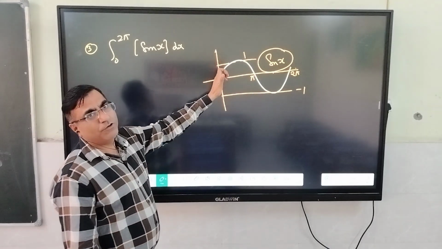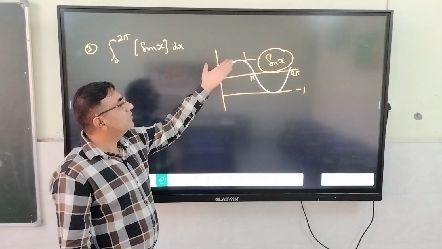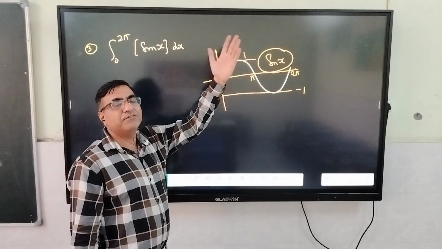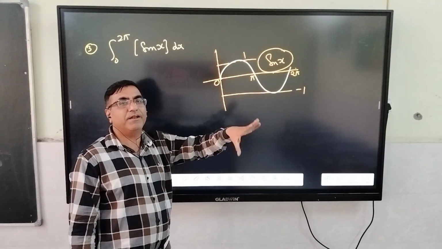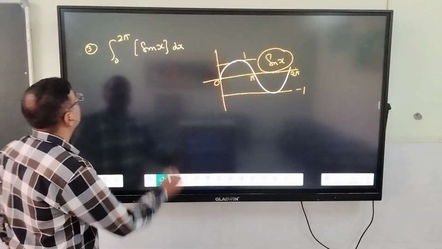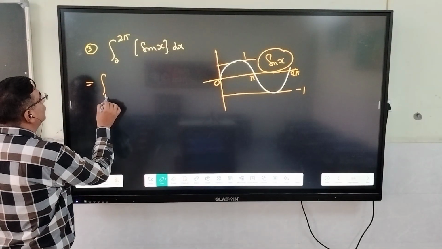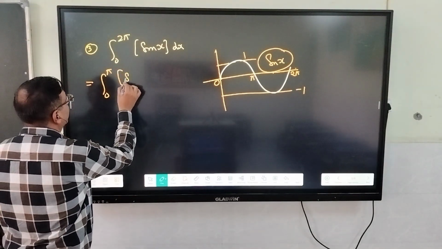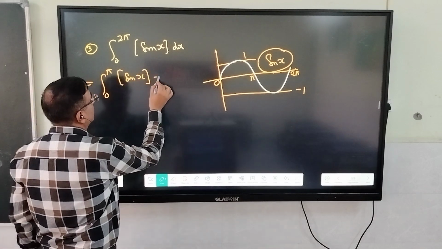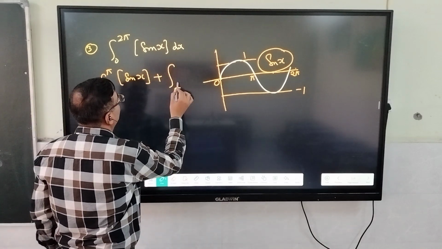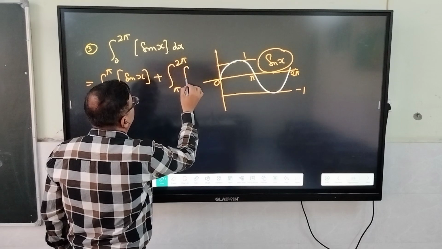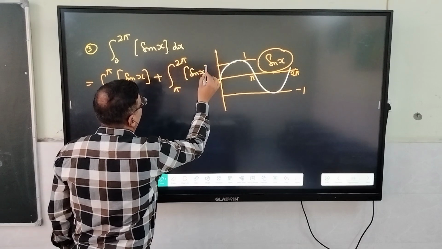But you know very well from the 10th class that sin x vibrates between plus 1 and minus 1. So we will break it into the integral from 0 to pi of the greatest integer of sin x, plus the integral from pi to 2 pi of the greatest integer of sin x.